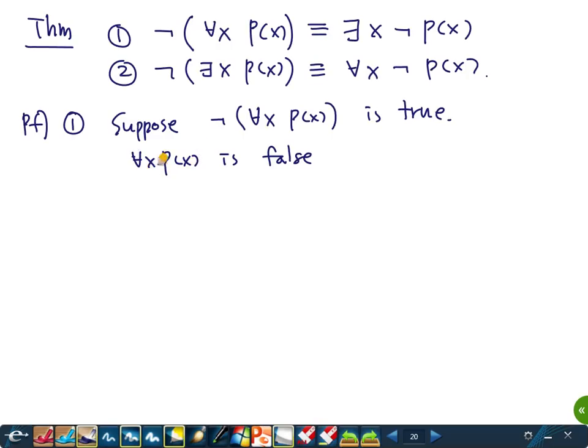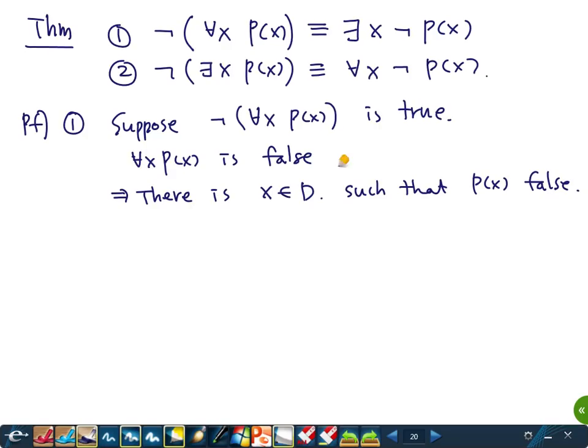So not everything satisfies this. This means there is an x in the domain of discourse, which I didn't specify here, such that P of x is false. Because that's what this sentence means. Otherwise, it would be true.